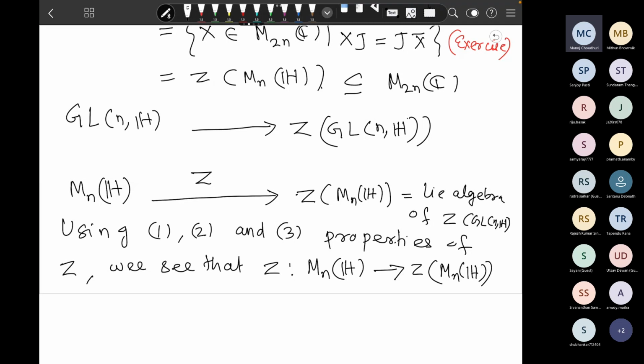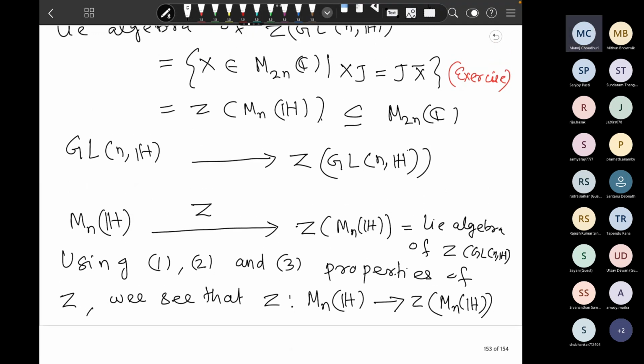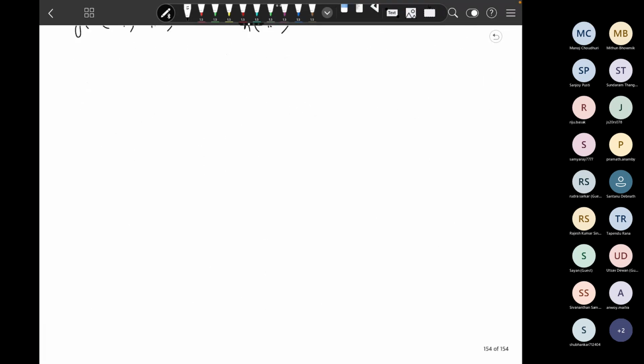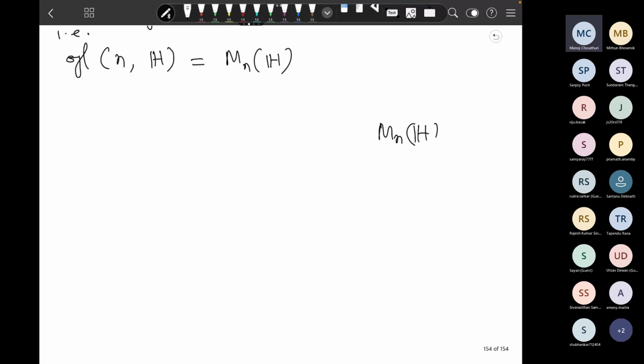Because, what is the real dimension of GLnH? Let's say it's a manifold. What is the dimension of the manifold? It is obvious because the Lie algebra of GLnH is MnH, right? MnH has n square quaternionic coordinates, therefore n square times 4. The dimension is 4n square. And what about M2n(C)?